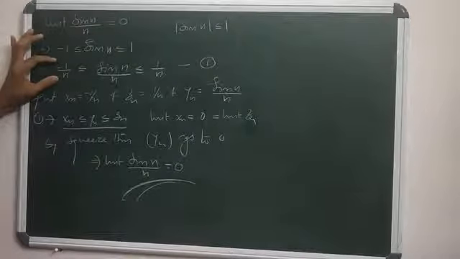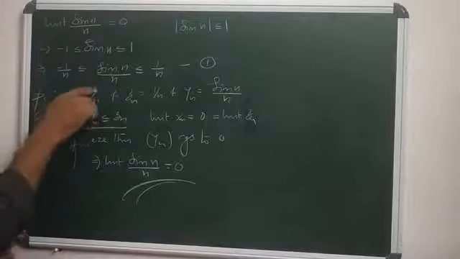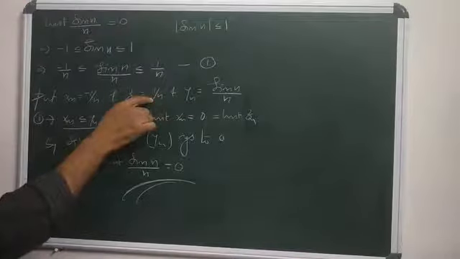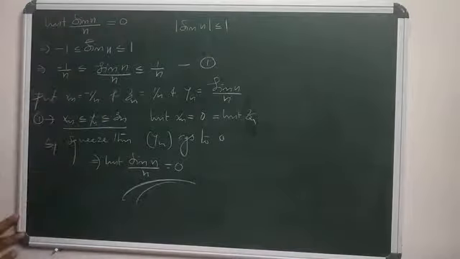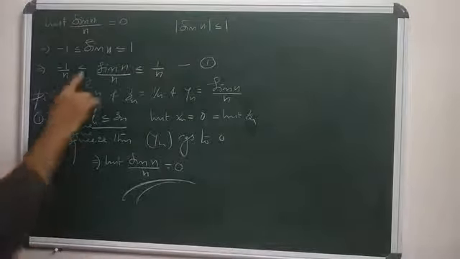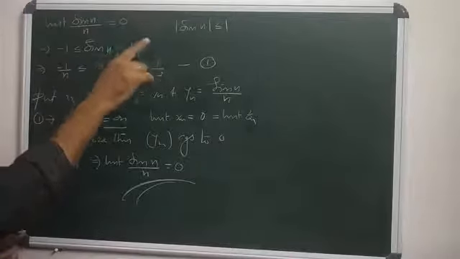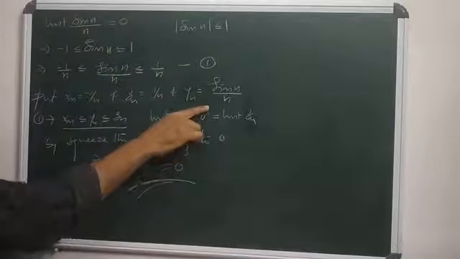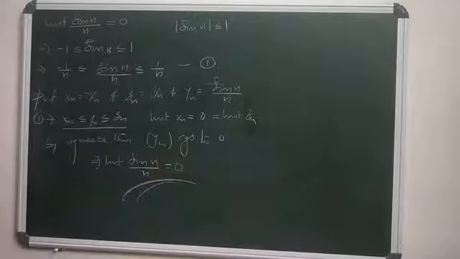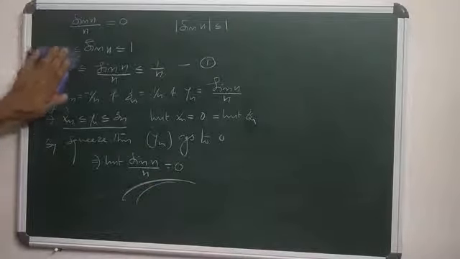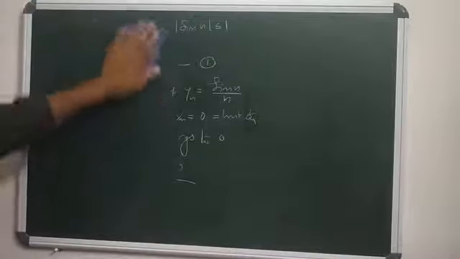And limit xn and limit zn are 0 here, which means they have the same limits. So you can apply the squeeze theorem. The yn also converges to the common limit of xn and zn, that is 0. Therefore limit sin n by n equals 0. So this problem is solved by using this squeeze theorem.